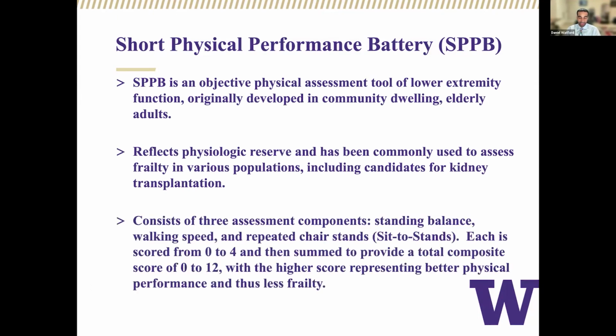It consists of 3 assessment components: standing balance, walking speed, and repeated chair stands, also known as sit-to-stands. Each of these is scored from 0 to 4, and some provide a total composite score of 0 to 12, with a higher score representing better physical performance and thus less frailty.